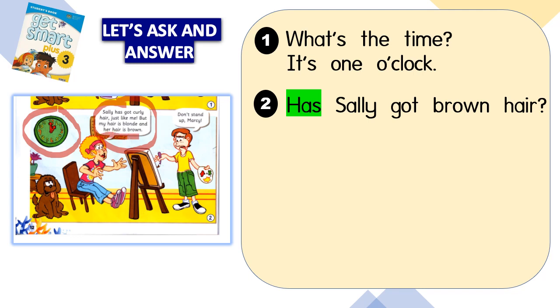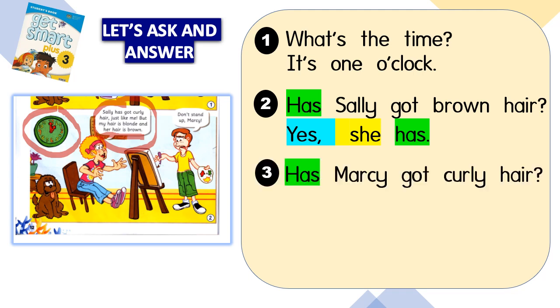Her hair is brown. Okay, so whose hair is brown? It's Sally's hair. So, how to answer this? Yes, she has. Very good. Number 3. Has Marcy got curly hair? Here.